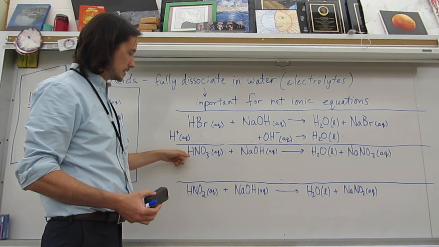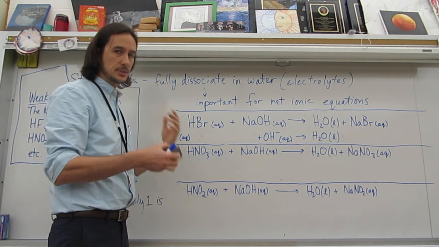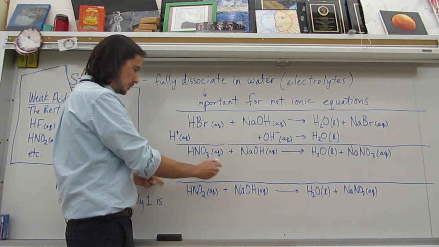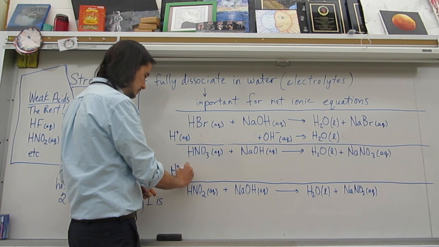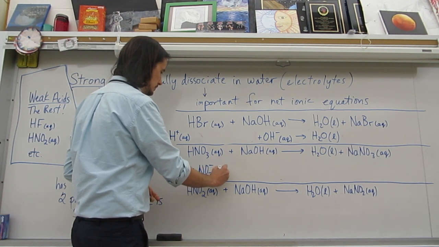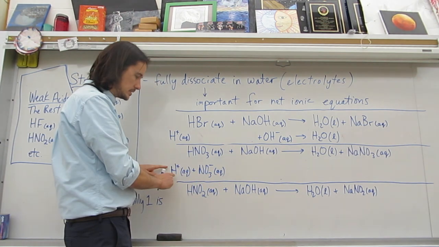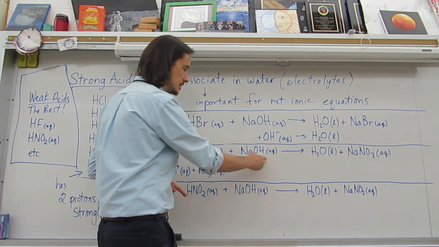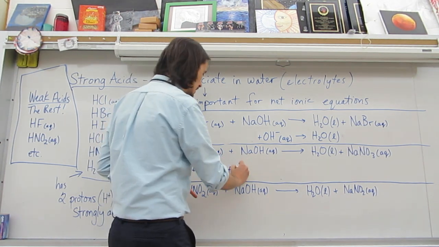I have another example. This is HNO3 called nitric acid, another strong acid. So we see it as aqueous and we split this apart. We get nitrate ions and H+ ions. Sodium hydroxide, I'm dealing with the same strong base each time.